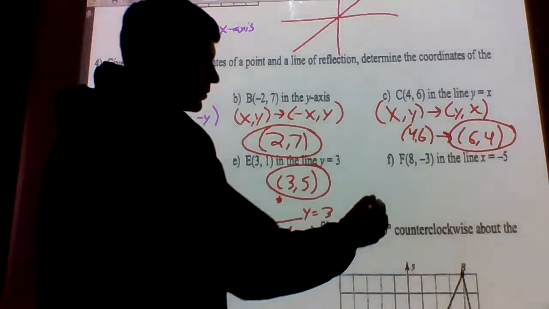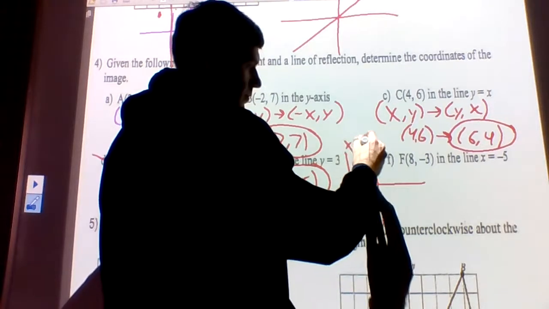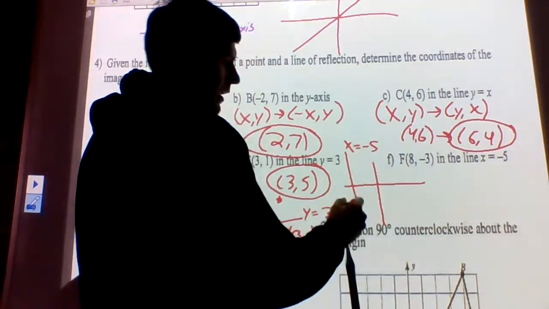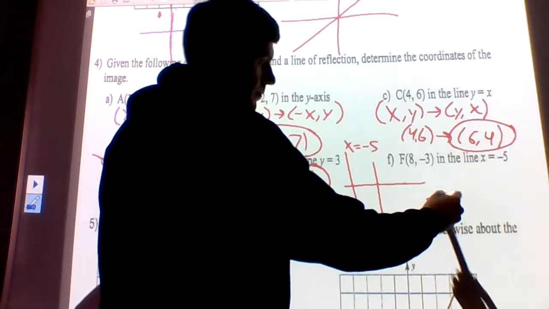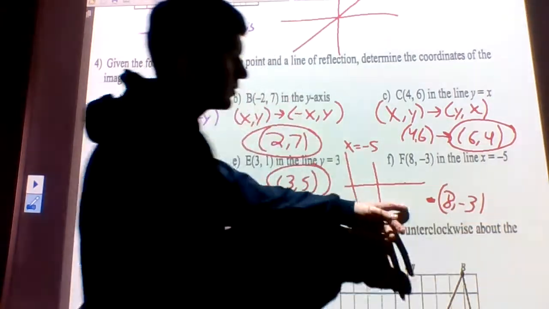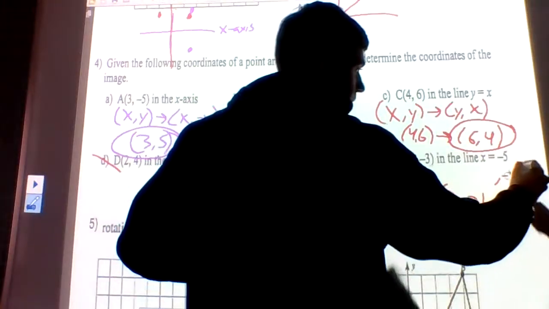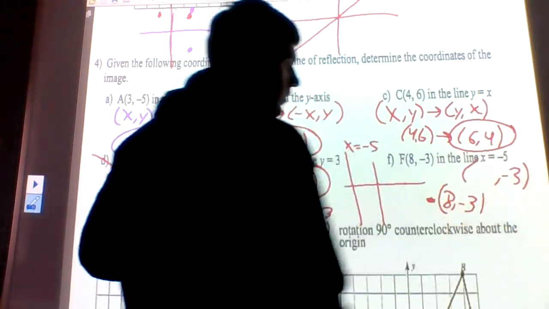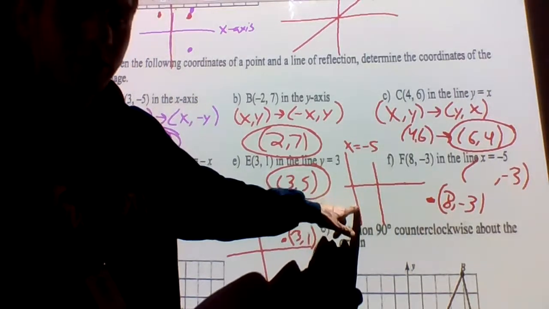And then this one here, we're reflecting on the line x equals -5. So that's somewhere here. Okay, we're at 8, -3. Okay, we're reflecting over this line. So we come over here. The -3 is going to stay the same. Okay, we have to travel 13 units to get to -5.